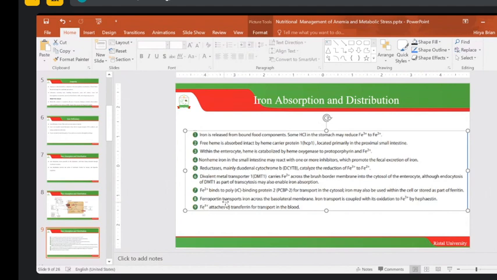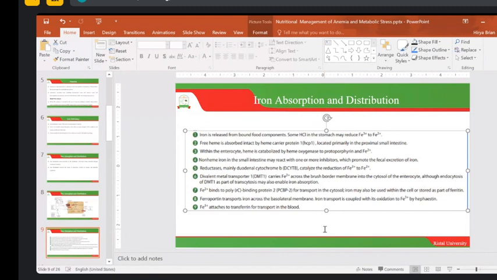So the ferroportin transports the iron to the basolateral membrane, and then the iron transport is coupled with oxidation to iron 3 by hephaestin, and the cycle continues, whereby the iron 3 attaches to transferrin for transport into the blood, like you should see.